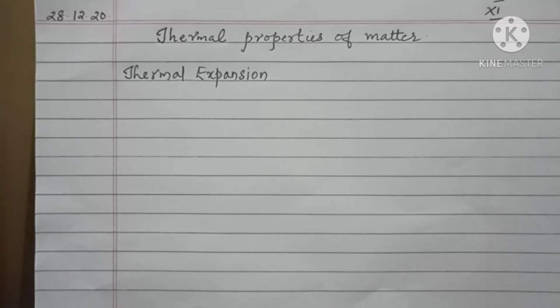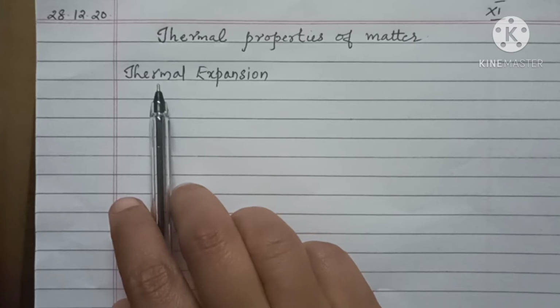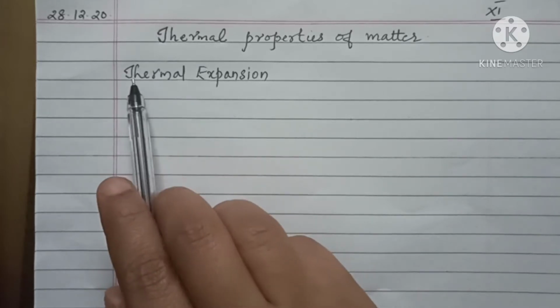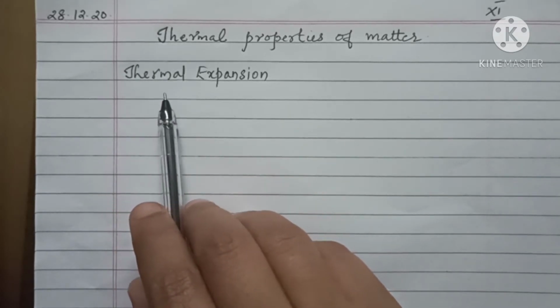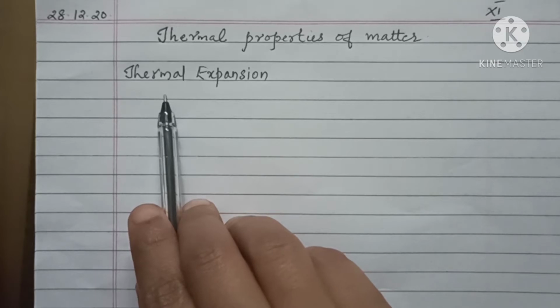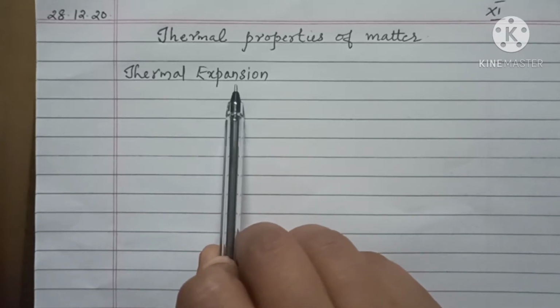Understood? So this phenomenon of change in the dimensions of an object due to heat supplied is known as thermal expansion. In the word itself, you can understand thermal means because of temperature. Then expansion.